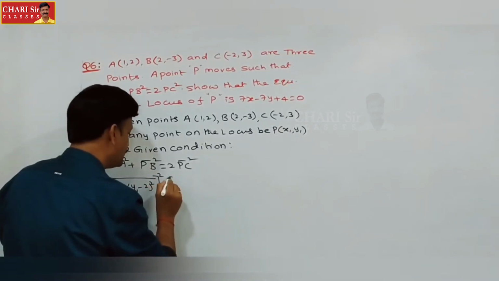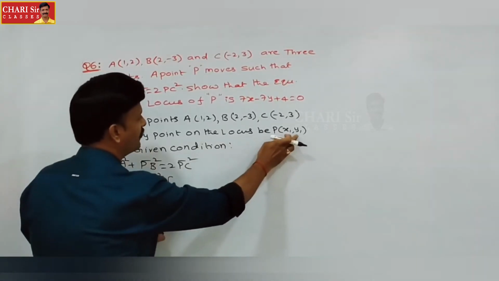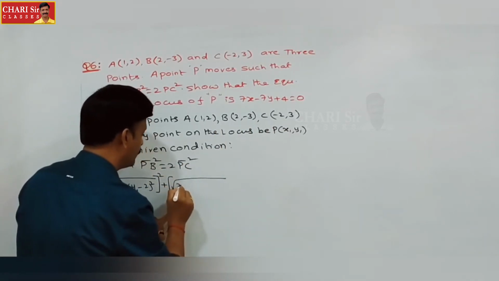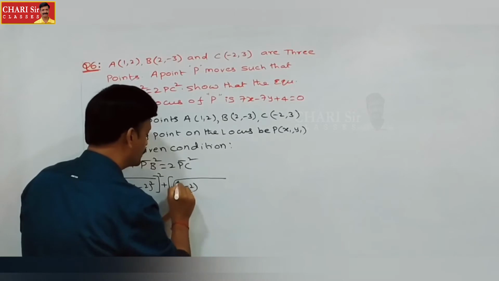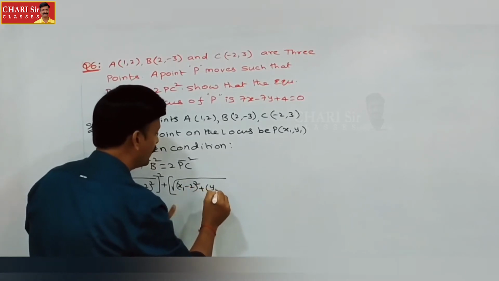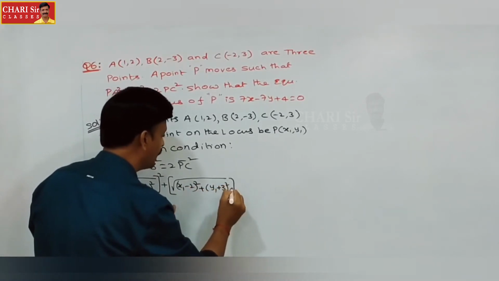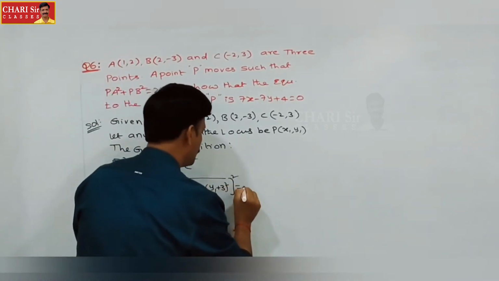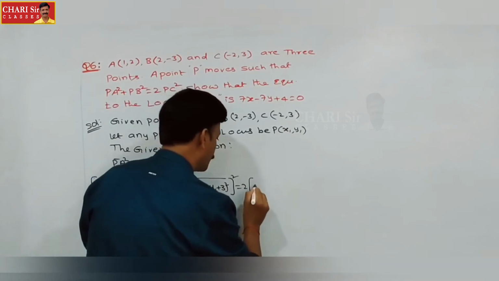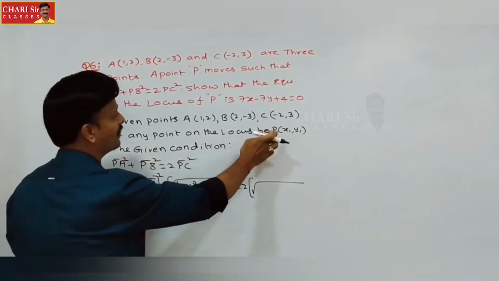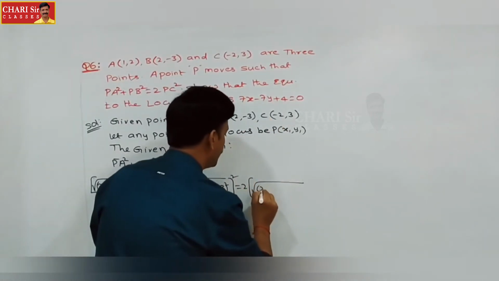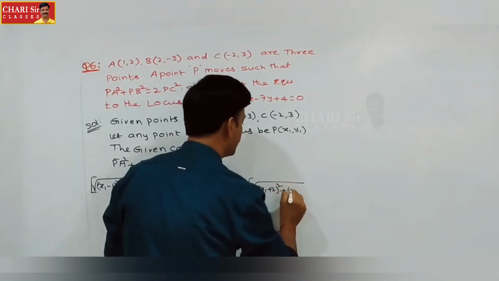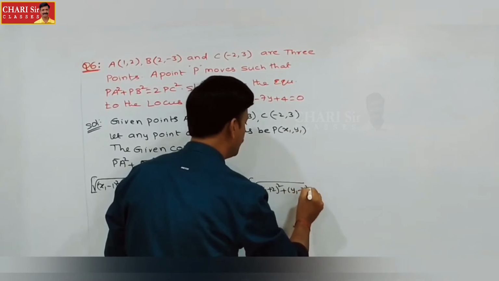So plus PB square. PB square means x1, y1 and B point we take, that is the root of x1 minus 2 whole square plus y1 plus 3 whole square, and whole square. That is equal to 2 into PC square. PC square is P and C, which you can write as x1 minus of minus, plus 2 whole square plus y1 minus 3 whole square.